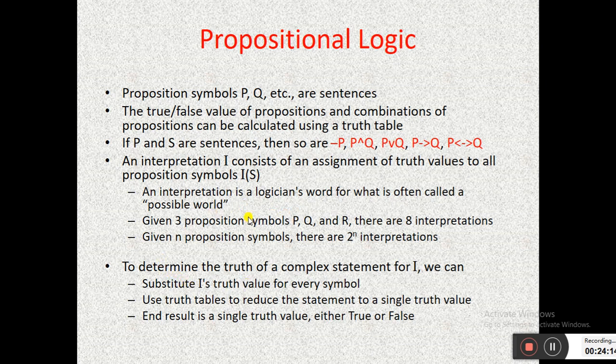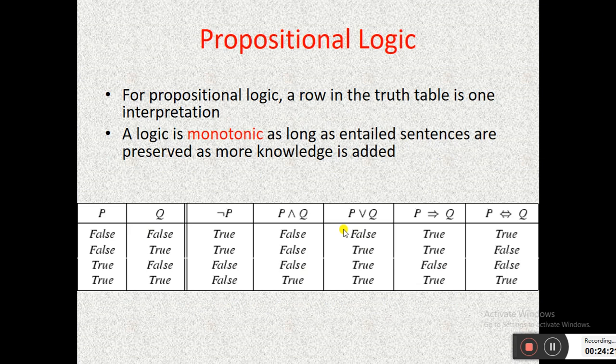So these are the propositional logics that you can see in this slide. This is the truth table for propositional logic. A logic is monotonic as long as entailed sentences are preserved as more knowledge is added. So this is the truth table: P, Q, P implies Q, P and Q, false, and P implies Q. These are all true.